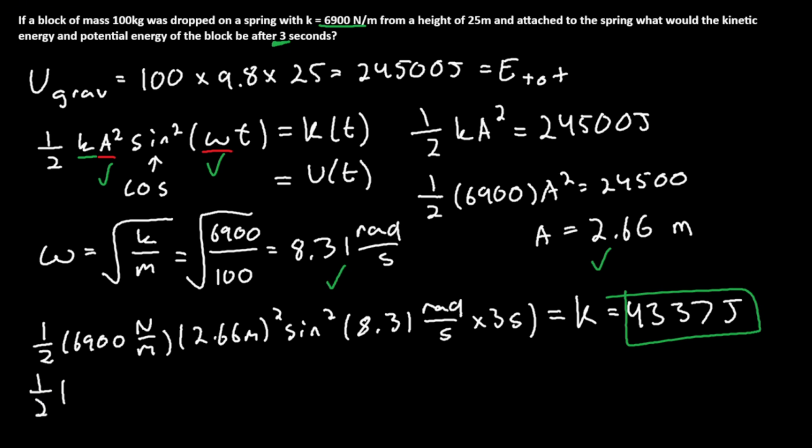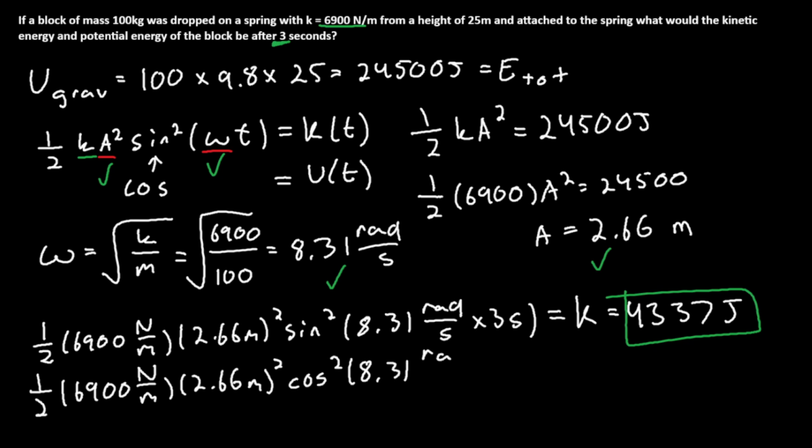So the potential energy is basically the same exact thing, but you replace the sine formula with a cosine value. So 8.31, all the same thing. And you should get a potential energy of 20,073 joules.